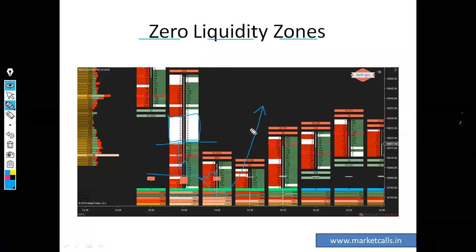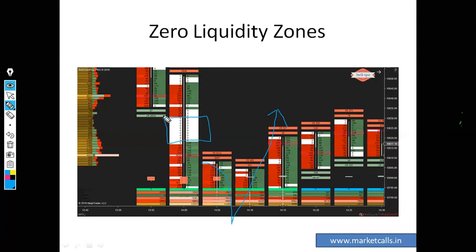Whenever the stop hunting happens, whenever you're witnessing a lot of zeros, what generally the market does is that once it eats up all the liquidity, the market drops, and then again it goes towards the zero liquidity zones. Zero liquidity zones are most likely to get filled.